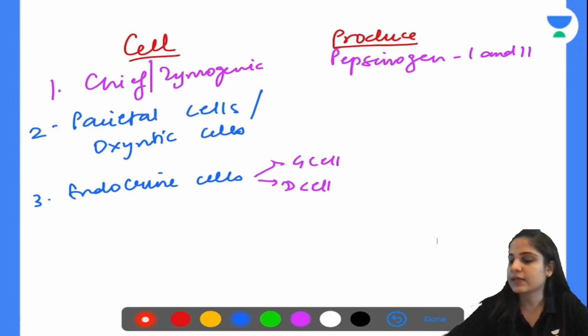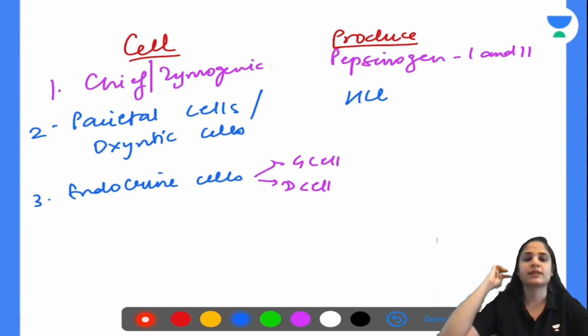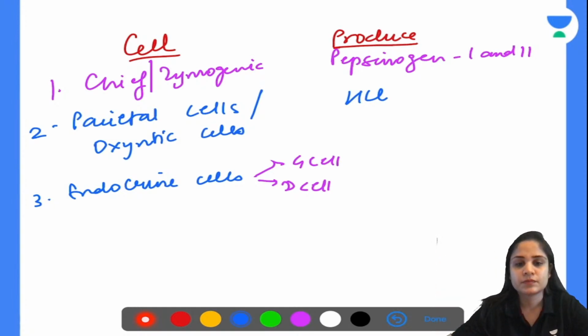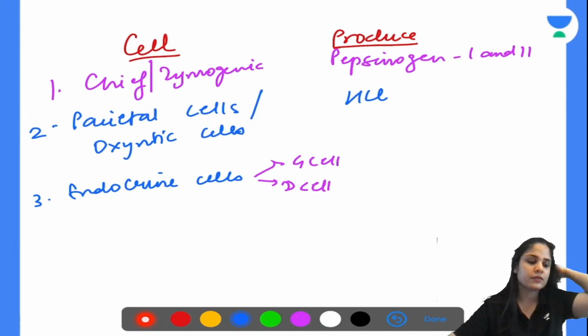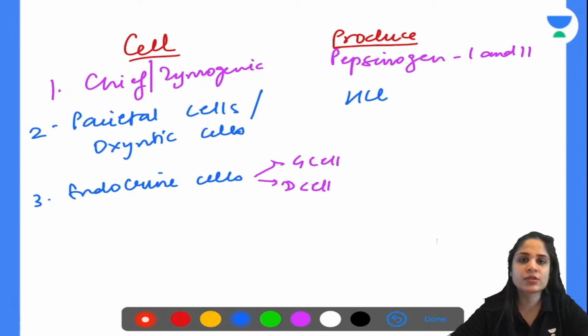Yes, very good, Rita. The parietal cells will produce hydrochloric acid. Is there anything else that the parietal cell produces other than hydrochloric acid? One more thing, it helps in vitamin B12 absorption in the body. There is an autoimmune disease in which this is absent.